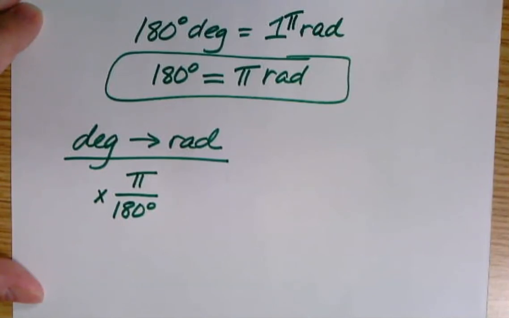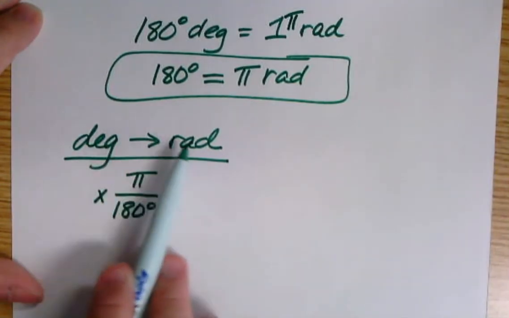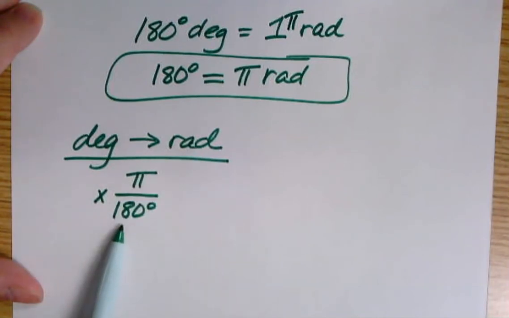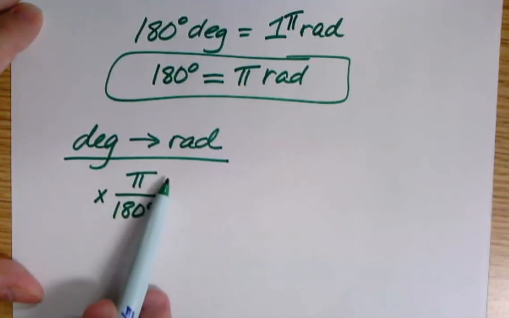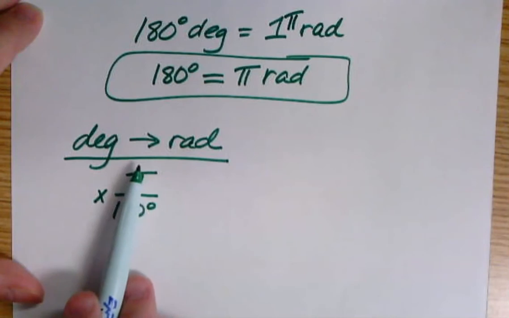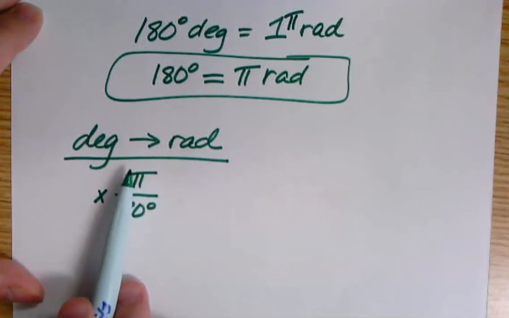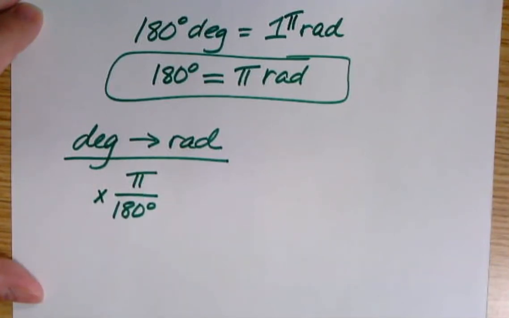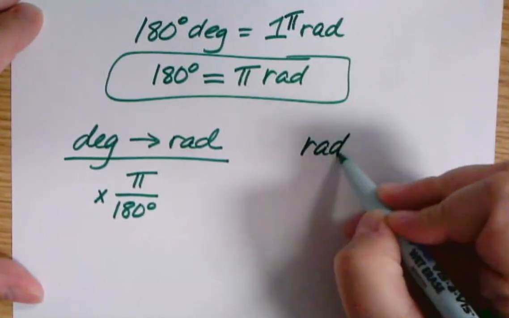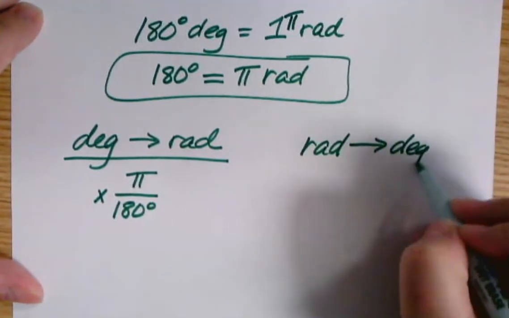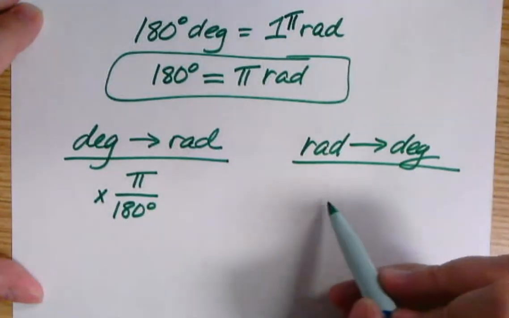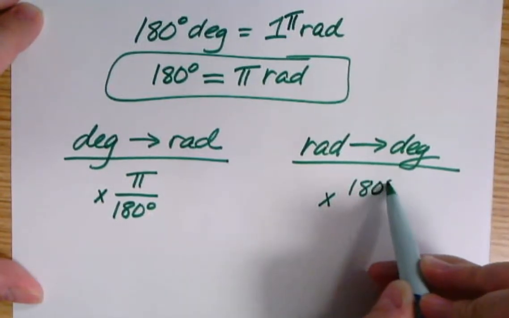One way of thinking about that is if I'm starting in degrees and I want to end up in radians, I need to cancel out degrees, so the degrees go in the denominator. Another way to think of it, which I usually do, is that the numerator is whatever I want to end up with. If I want to end up in radians, then I need to put the pi on top because the pi refers to radians. If I wanted to go the other direction, then the degrees need to be on top because I want to end up in degrees.